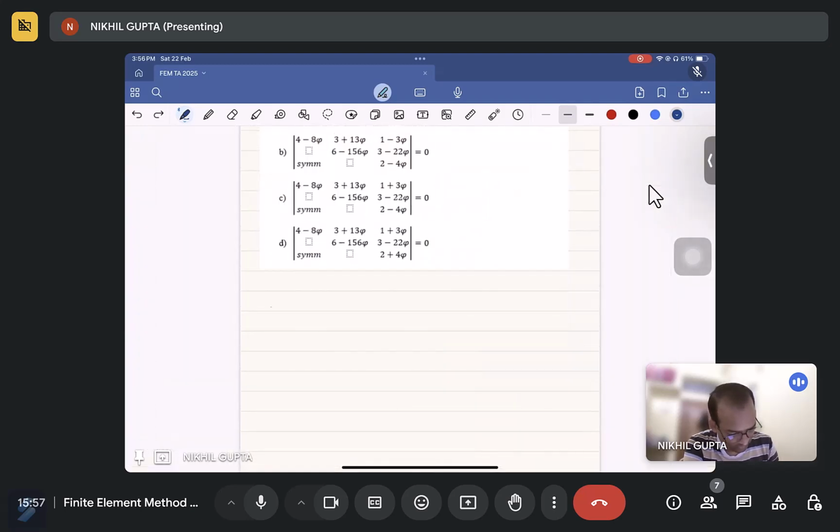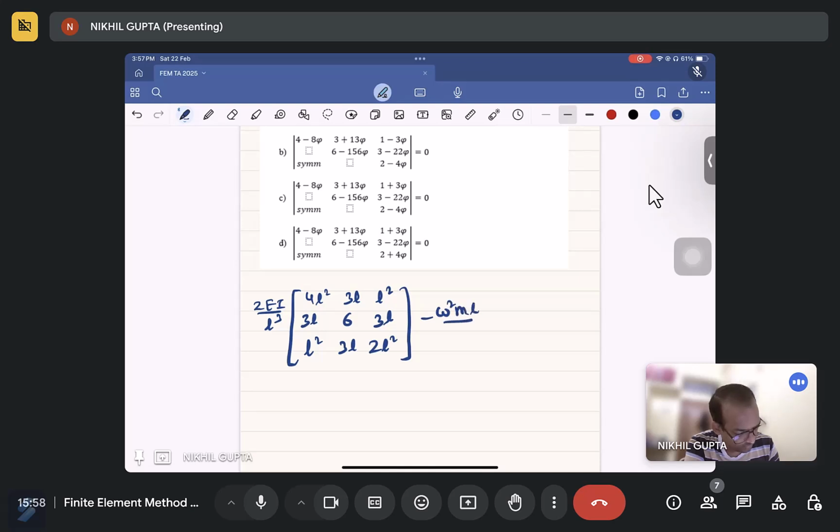So the equation we have got is 2EI by L cube with 4L square, 3L, L square, 3L, 6, 3L, L square, 3L, 2L square, which goes minus omega square ML by 420, then 8L square, minus 13L, minus 3L square, 156, 22L and 4L square.